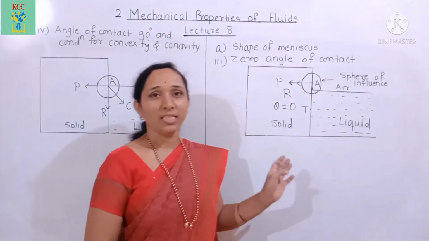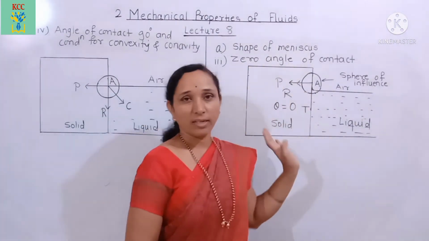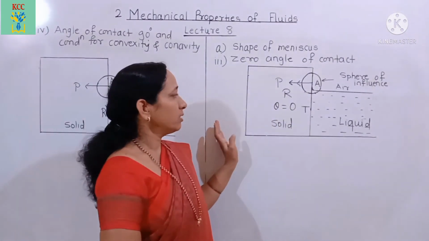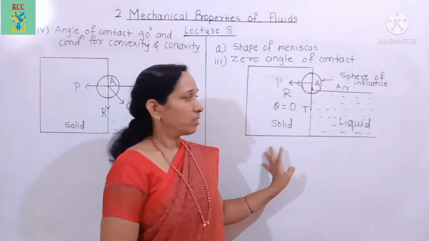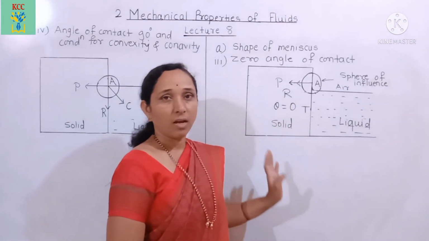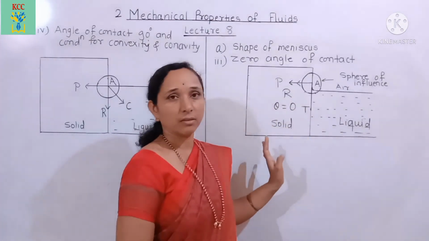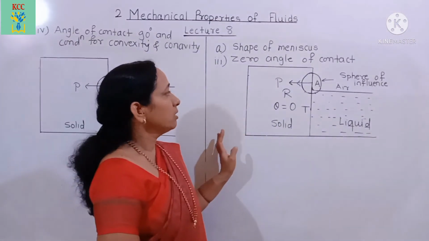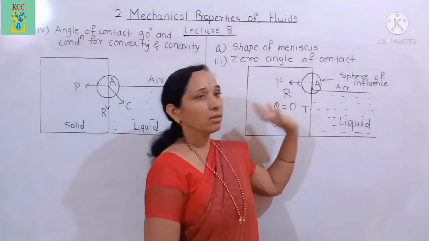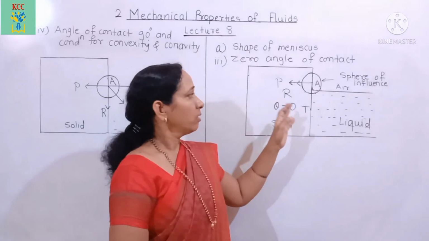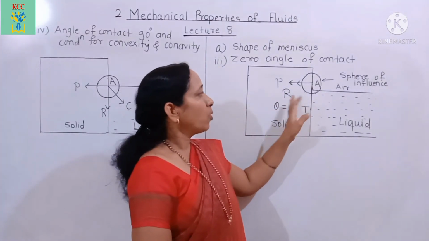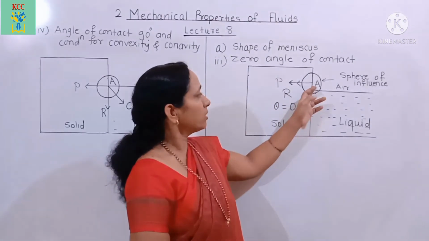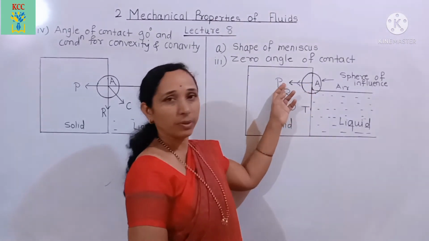Now we see zero angle of contact. For this consider a water glass pair. Suppose this is water, and water completely wets the solid. In this case, if we consider the molecule, that is a water molecule, here the adhesive force acting on the molecule is AP bar.